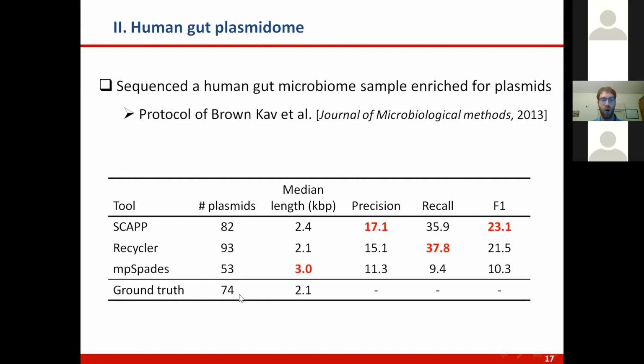Based on those plasmids, we determined the precision, recall, and F1 of the different tools. SCAP has the highest precision, and as a result, it also has the highest F1 score. So that's the combined score between precision and recall. And SCAP and Recycler both have significantly higher recall than MP Spades.